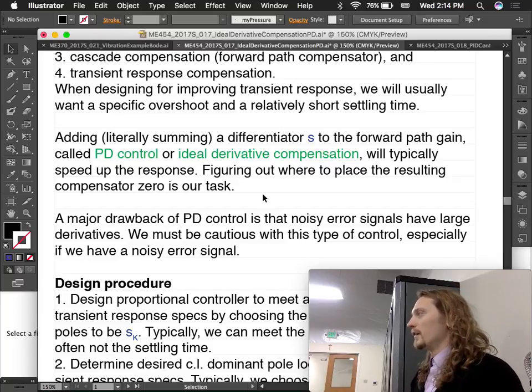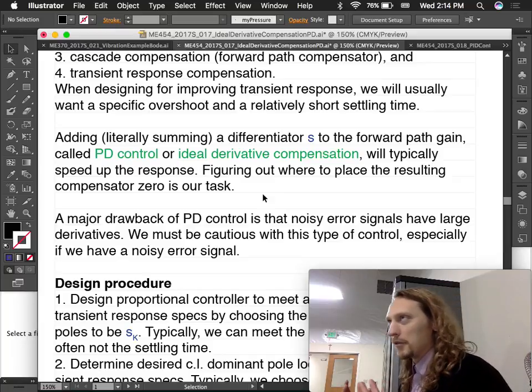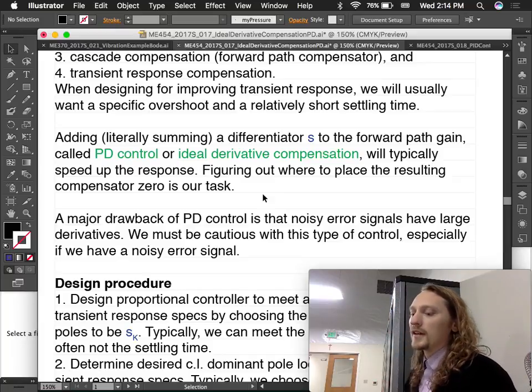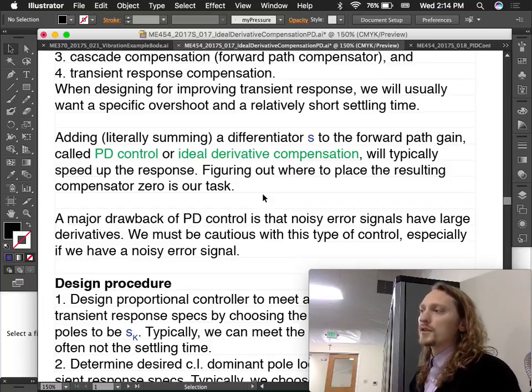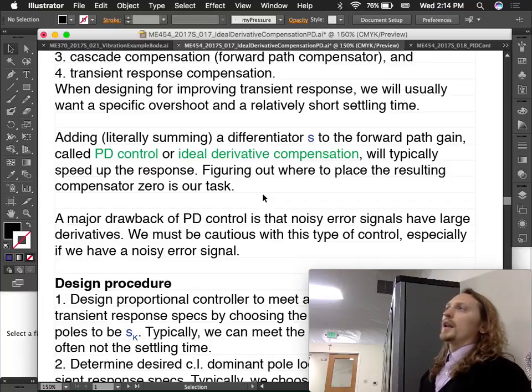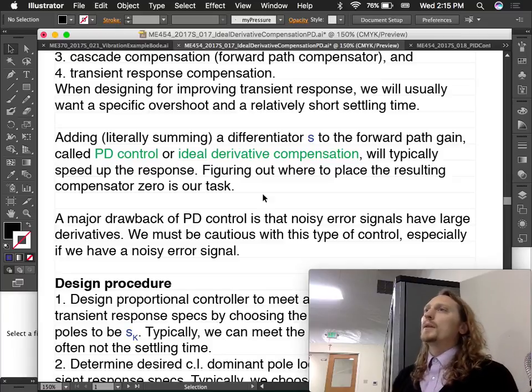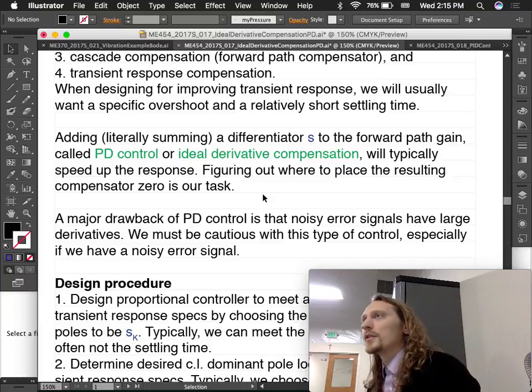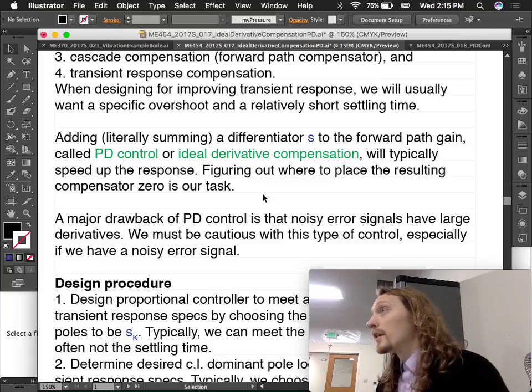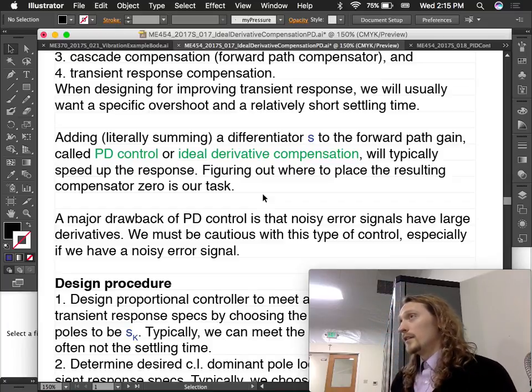The proportional controller has an actuation amount in proportion to the error. If we literally sum a differentiator, we're going to be adding a term that is proportional to the derivative of the error.